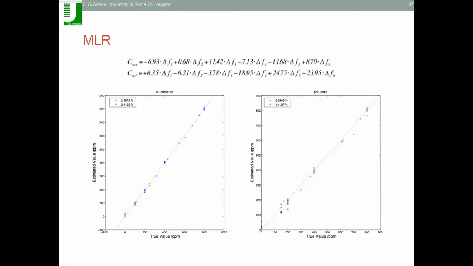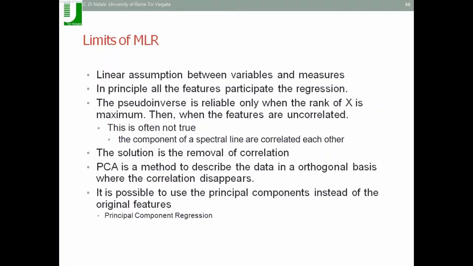Here we have 2% error in both calibration and test, 6% in calibration, 4% in test. So there is good coherence between calibration data and test data. This is a very nice example of multiple linear regression that works, of course, when the sensors are linear. But there are limits to this, of course.